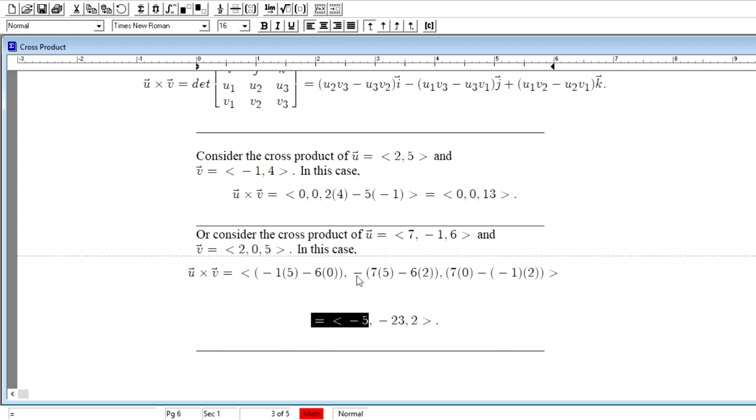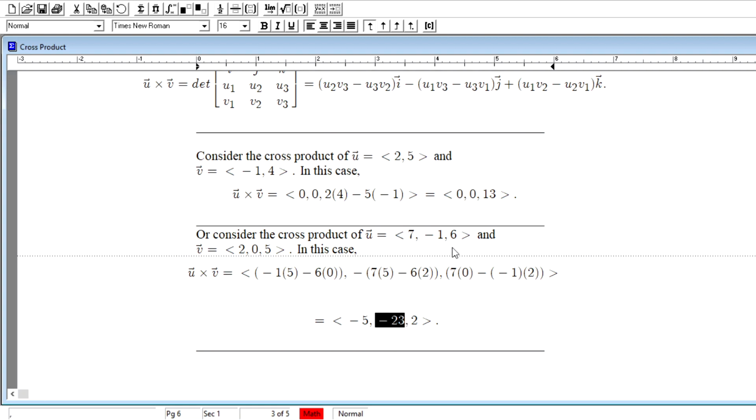The second component is going to be the opposite of a similar pattern involving the first and third terms. It is going to be 7 times 5 minus 6 times 2, and then the opposite of that. 7 times 5 is 35, 6 times 2 is 12, so 35 minus 12 is 23, but it's then the opposite of that, so it's negative 23.